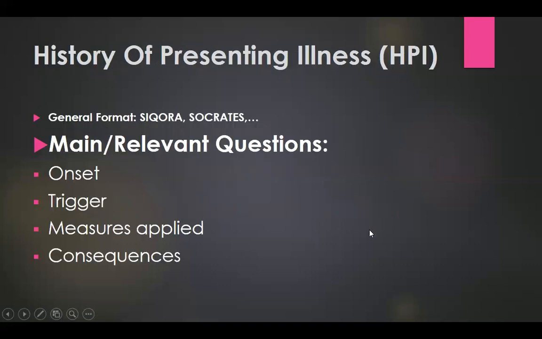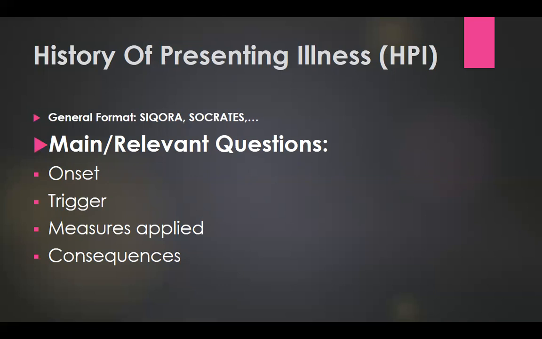Next, in every case in medicine, whenever we're taking history, whether it's a medicine case, surgery case, obstetrics and gynecology case, pediatrics, whatever, we have to start with history of presenting illness. There are some mnemonics for medicine and surgery cases, pain questions, SOCRATES, and so on.